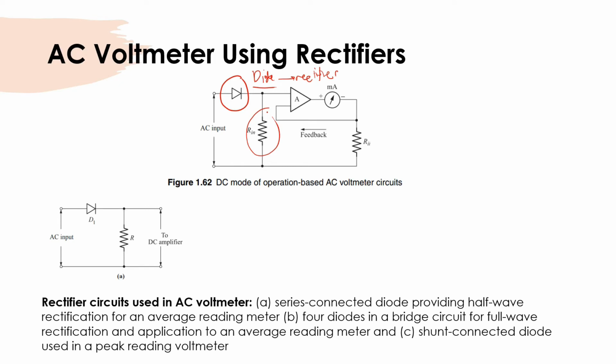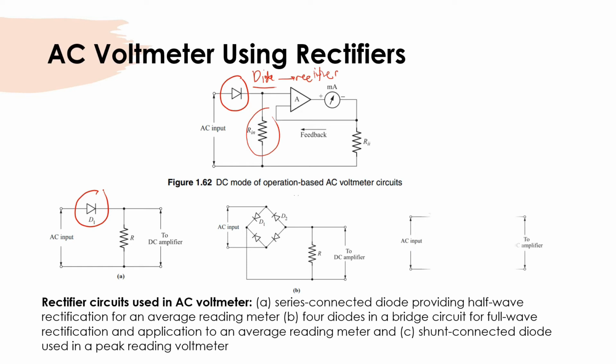The first circuit has a series connected diode providing half wave rectification, D1, for an average reading meter. And then the 4 diodes form a bridge circuit for full wave rectification and application to an average reading meter. And then we can also use the shunt connected diode used in a peak reading voltmeter.